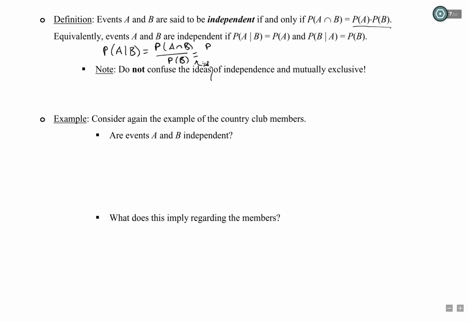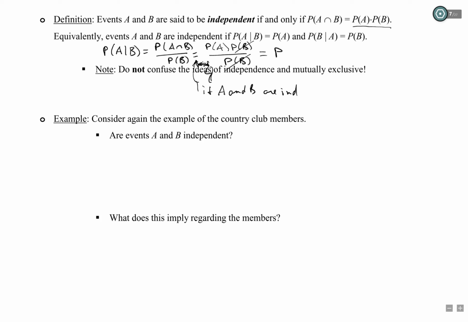So if A and B are independent, then this equals P of A times P of B divided by P of B. Well, what happens to P of B?